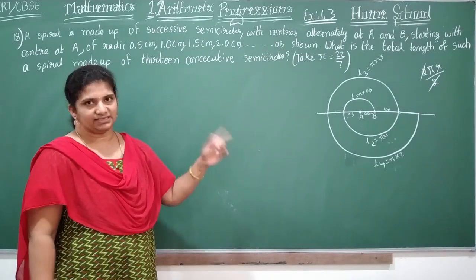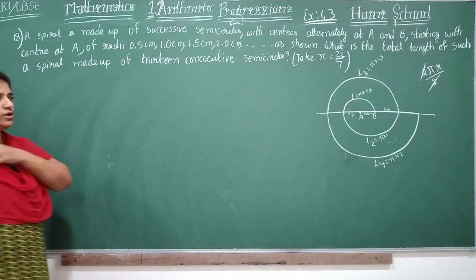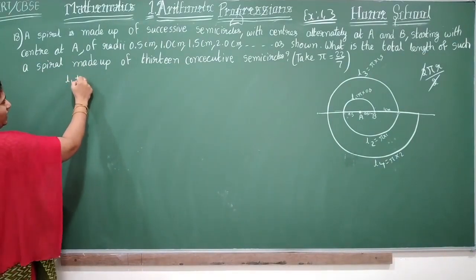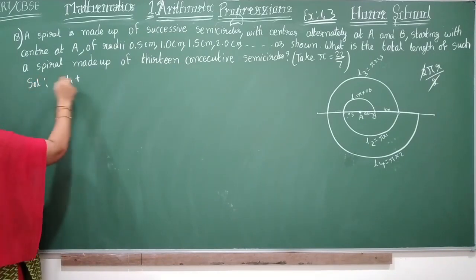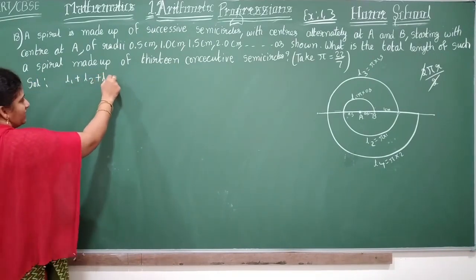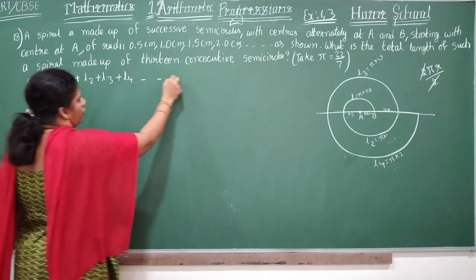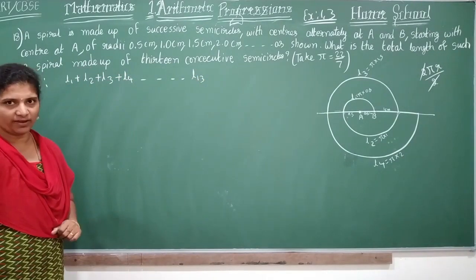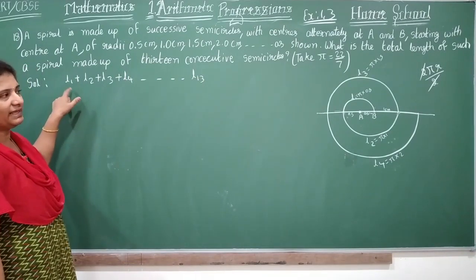Okay, now let's start here. Now I need to calculate. How could I calculate? L1 plus L2 plus L3 plus L4, and so on up to how many? 13 spirals you have, children. What is the length L1?